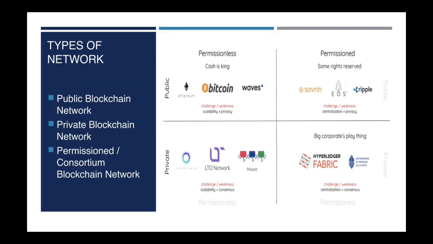Moving on to types of network. Blockchain networks are majorly categorized into the following sections: public blockchain network, private blockchain network, and permissioned or consortium blockchain network. Each of these types has its own implementation. A couple of examples for them are given in this section.